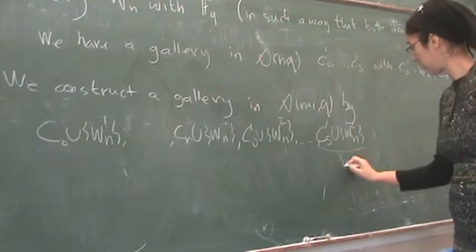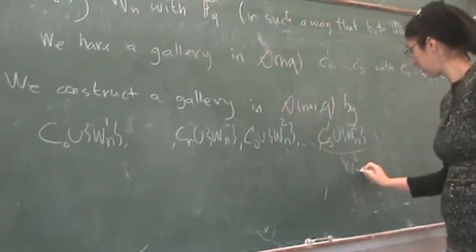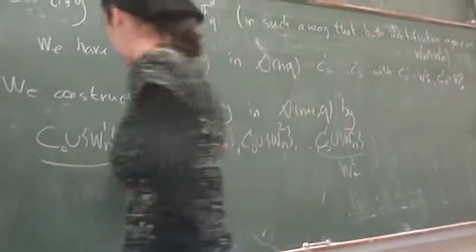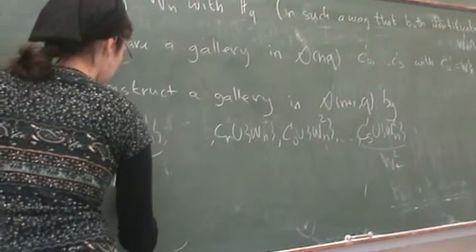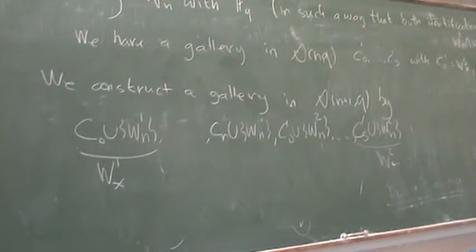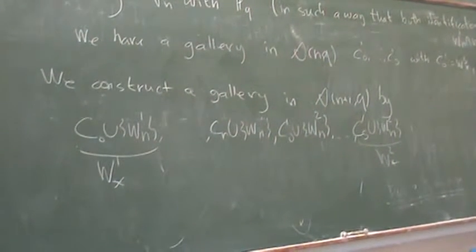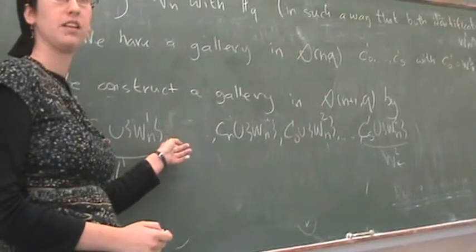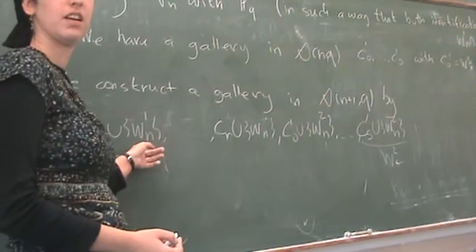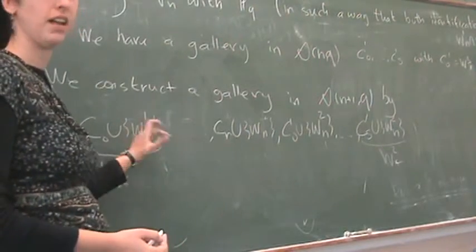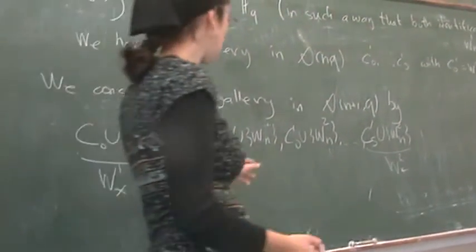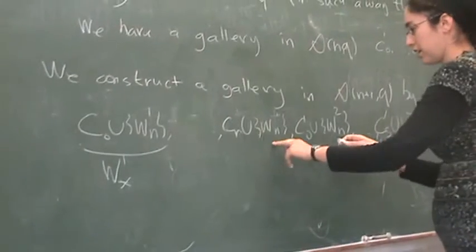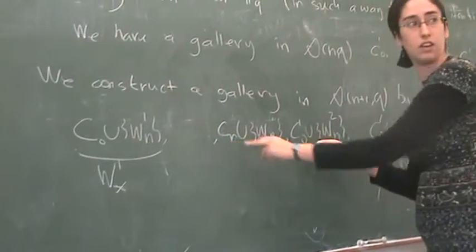And this is just W2. This is W1. And the intersection between two chambers here is a wall because they differ by exactly one coordinate. And the intersection here is CR and C0, which are the same one.